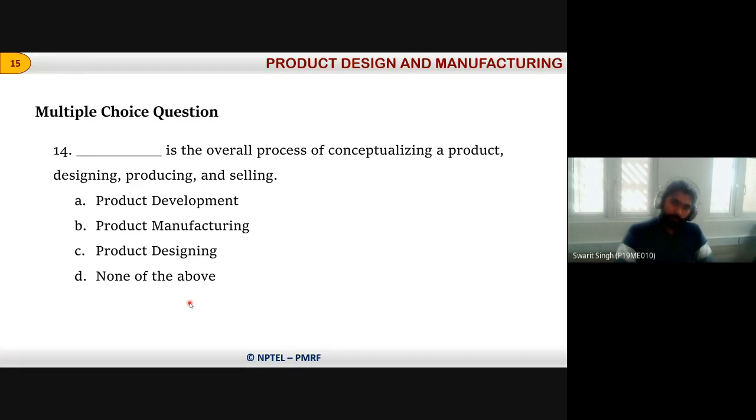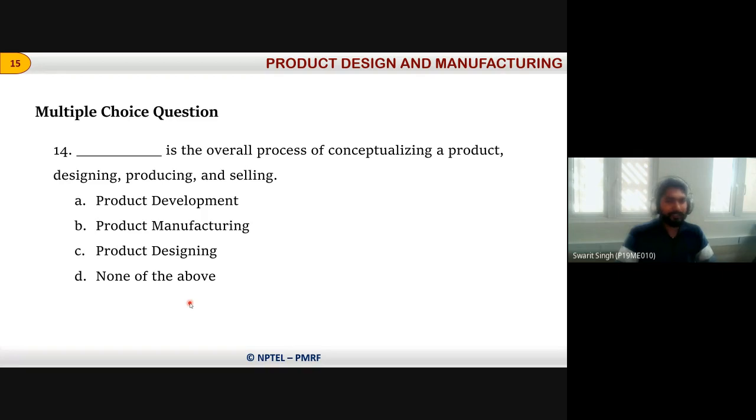It is the overall process from conceptualizing a product to designing a product, and then producing and selling it. So all these are covered in what?